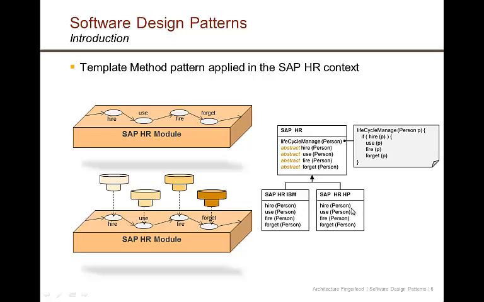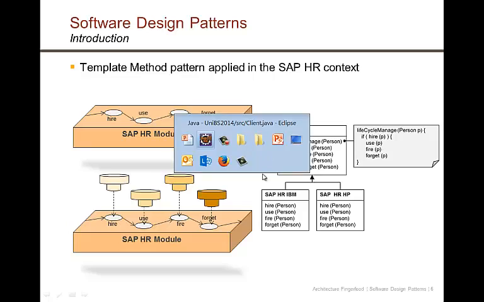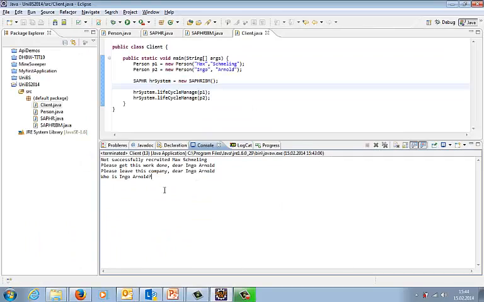We could have done the same thing for HP, obviously. We were very explicit about the fact that hire, use, fire, and forget are abstract, so there is no implementation existing on this upper level. So we have deferred their implementation to the respective inheriting class, which is SAP HR IBM. We have pulled it all together in Java, and we have finally executed the program with this output.